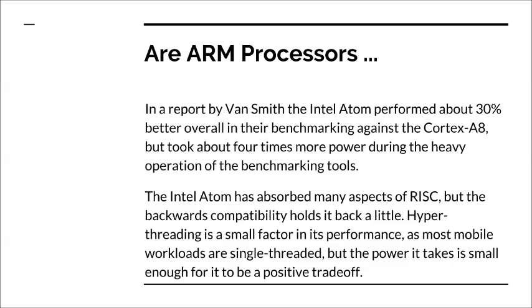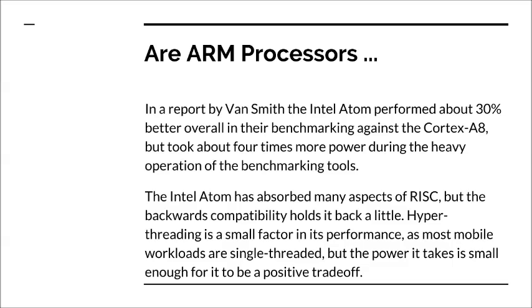But it took 4 times more power during the heavy operation of the benchmarking tools, and about 2 times as much during regular operation. And in his report he covers this as well, that Intel has to play the catch-up game on power efficiency. And in general, that's true, because they can't focus on performance while they still can't compete in power efficiency.